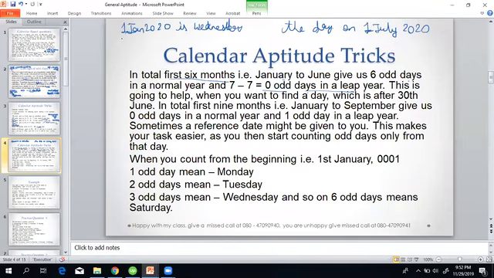So if 1st January 2020 is Wednesday, then what will be the day on 1st July 2020?